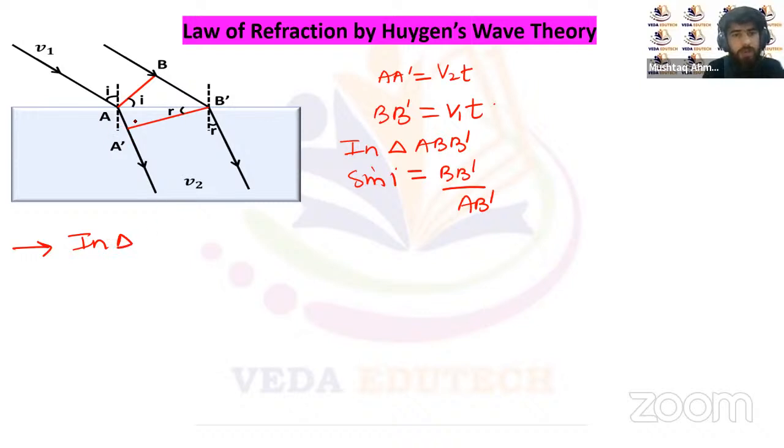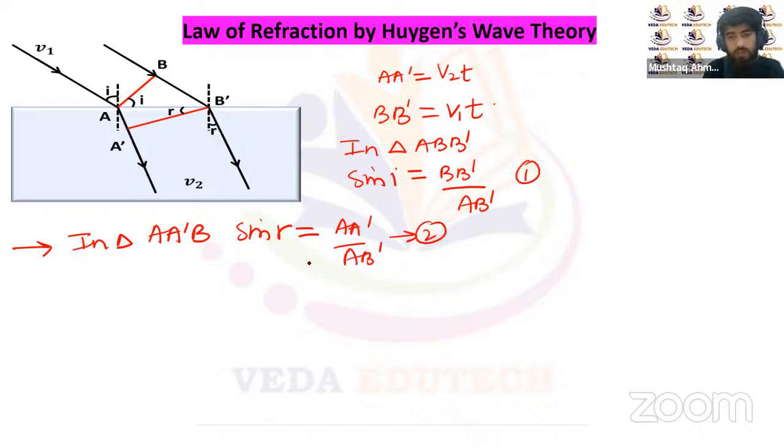Similarly, we have to calculate in triangle AB dash A dash. We'll calculate the sine of R, that will be equal to AA dash upon AB dash, right? Now let's call this first and let's call this second. Now let's divide first and second, right?